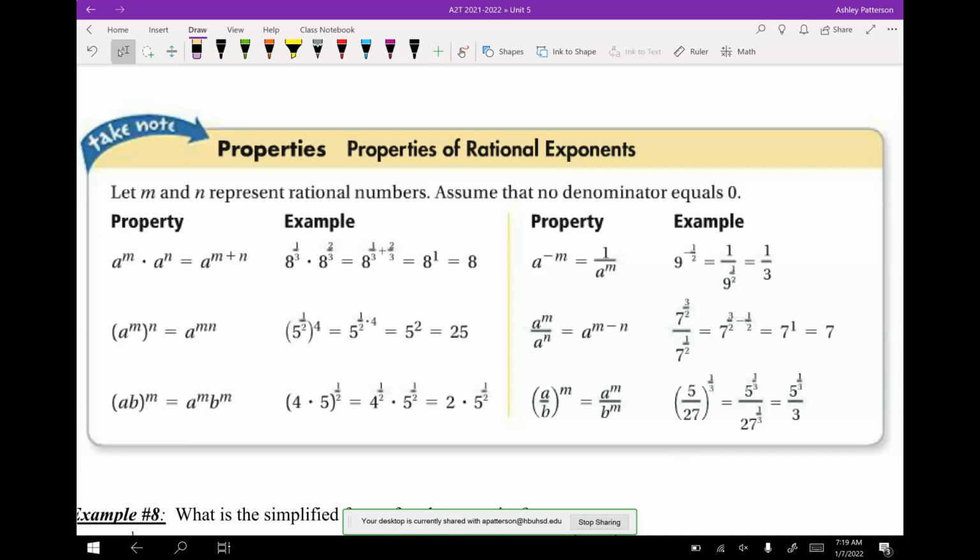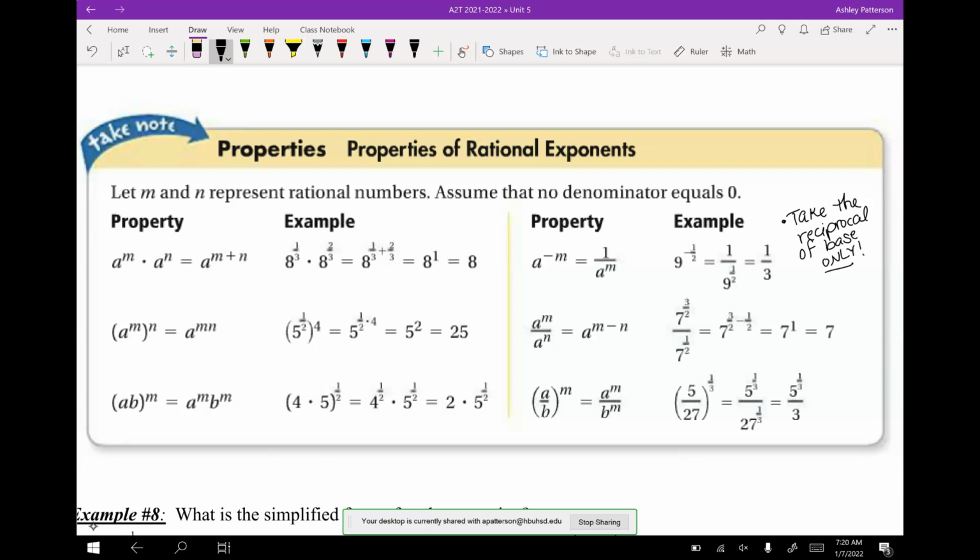You might want to write that down, because it is really important. You only take the reciprocal of the base when applying the negative exponent property. The base is whatever number is being raised to the exponent. Take the reciprocal of the base only.